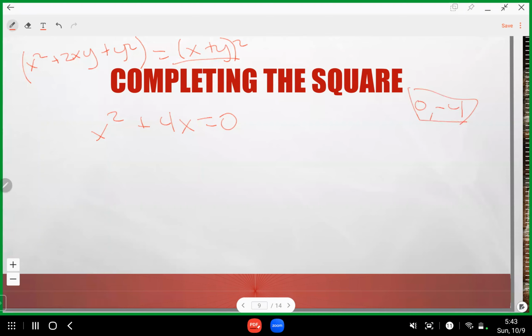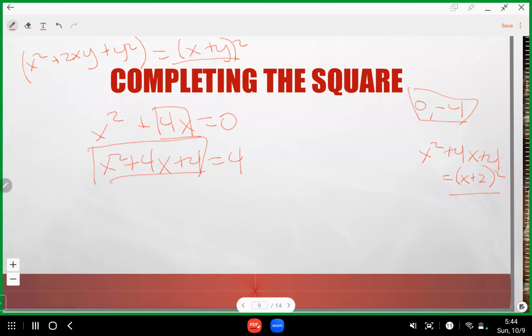Now let's try it with completing the square. Ideally, we want to make x plus 2 squared. So what we need to do is add 4 to both sides. Then this is equal to x plus 2 squared, which is equal to 4.